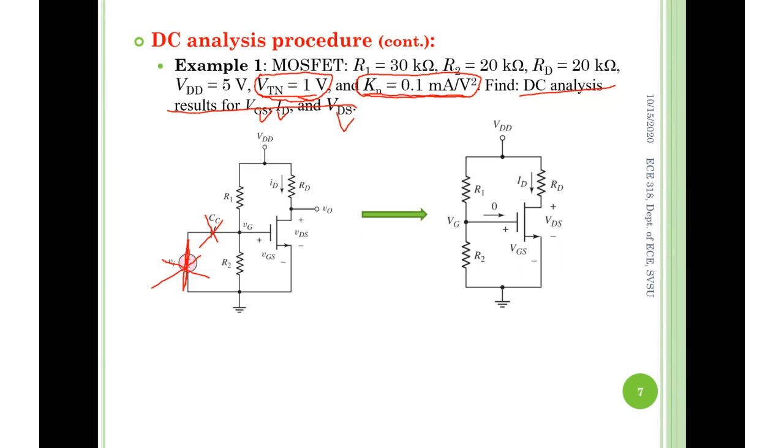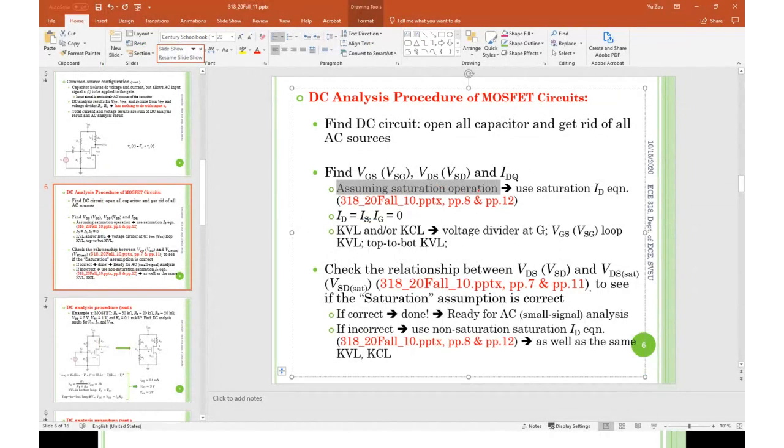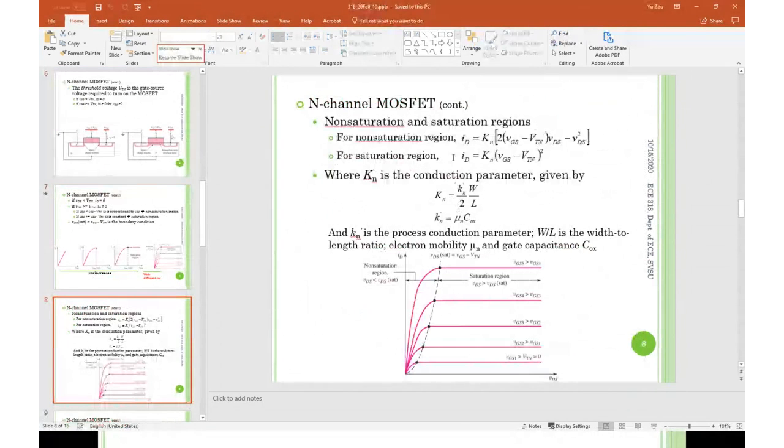Then once again, go back to the procedure here. Start to find them. At the beginning, I'm assuming the saturation operation region. So immediately I go to that handout to copy that equation. That equation is here, page 8. This equation, does it make sense?